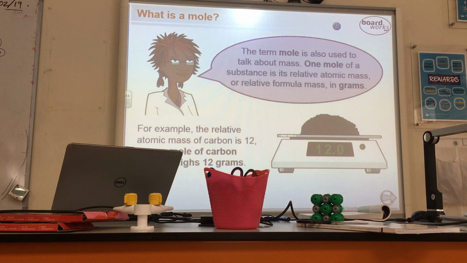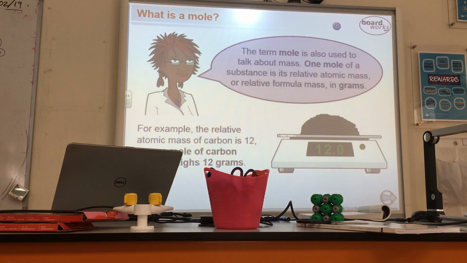How much does one of these molecules weigh? 18, because this is 16 and this is 1 and 1. So, 1 mole of water we know is actually 6.023 times 10 to the 23 molecules of water. Does that make sense?